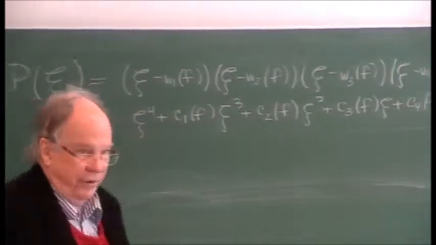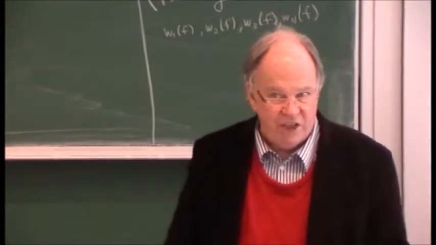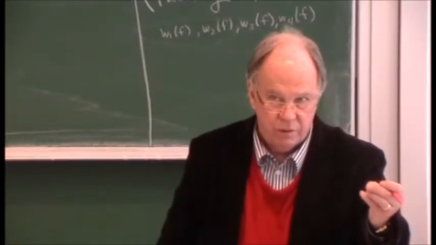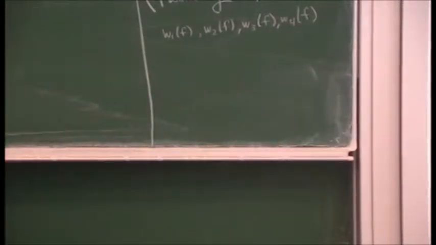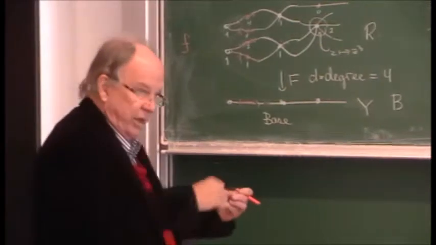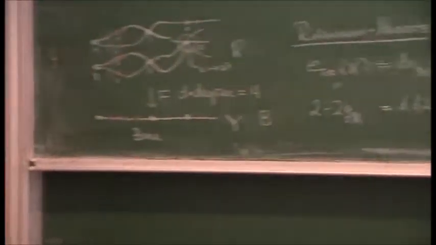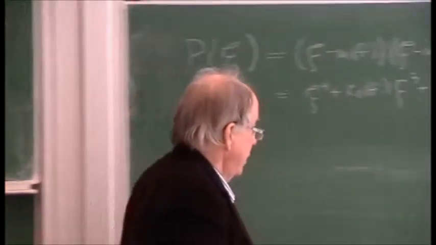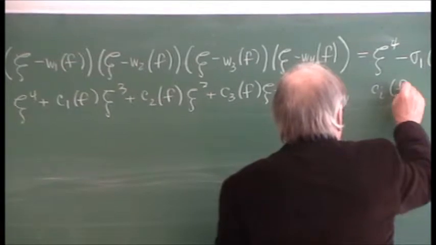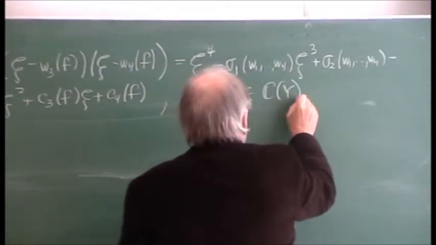And then I ask you, what are the coefficients? The coefficients are functions, because these things are varying, not just numbers. If I took the 4 numbers here, then I would get a number, but as I vary the point, I get different numbers. So these are meromorphic functions on the base. Ci of f is a meromorphic function on the base.